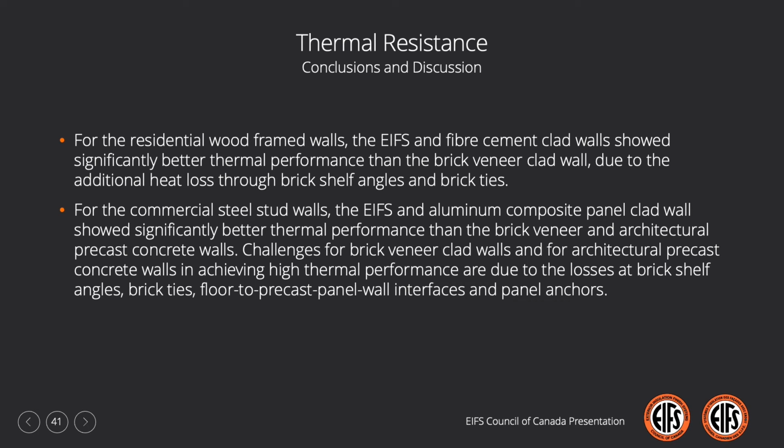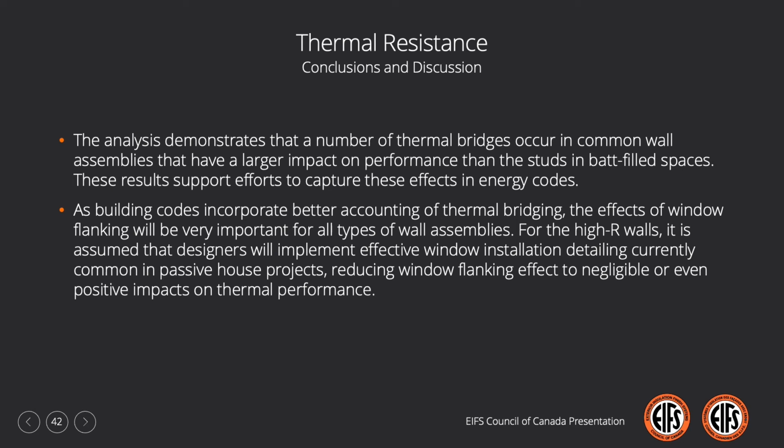One of the other aspects to emerge through this work is that our energy codes currently do not fully account for the loss of heat energy in areas such as window flanking. As codes incorporate a better accounting for the effects of window flanking and floor to wall and so forth, it'll be important for all of the wall assemblies to come up with better strategies to mitigate the loss of energy at these locations.